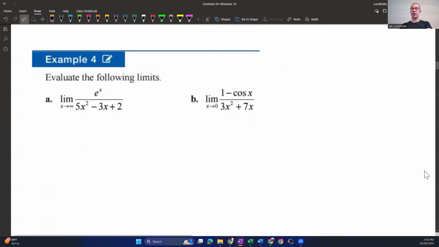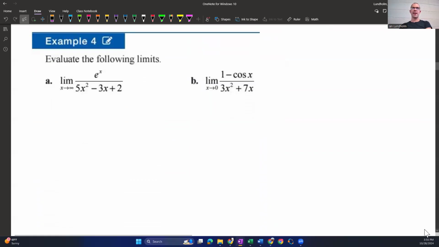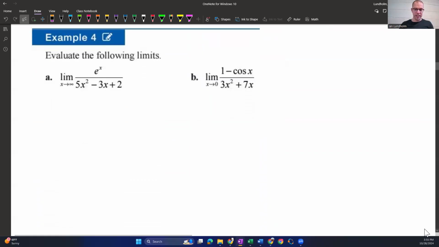Example number 4. Here we've got 2 things where hopefully each one of these gives us a new and interesting way to think about this process. So part A, we've got e to the x on top and then this quadratic polynomial on bottom. You might just want to pause and think about the functions e to the x versus that quadratic function.